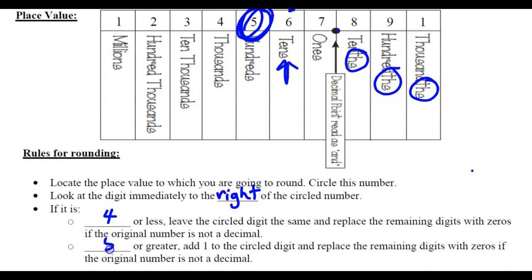If it's 5 or greater, add 1 to the circled digit and replace the remaining digits with 0. So this I would then write as 1,234,600, because this number is 5 or greater.